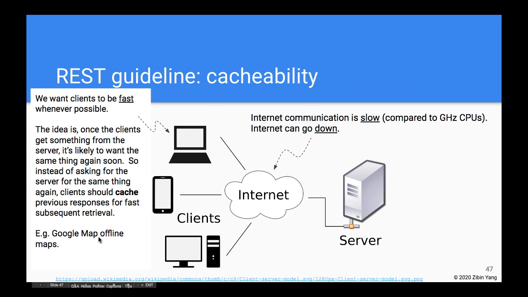But to use Google Maps, before I go hiking, I'll download the entire map of the area on my phone, so that even without internet access, my Google Maps still works. So that's another example of a cache of data, to either improve performance or, in this case, actually provide service where there is none.